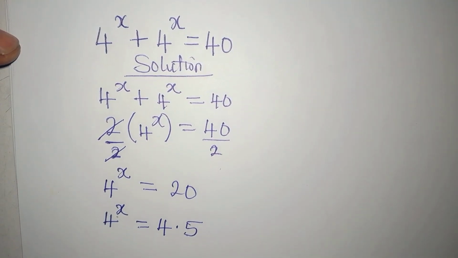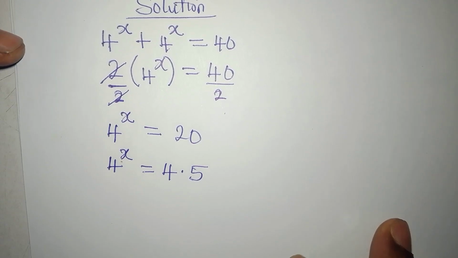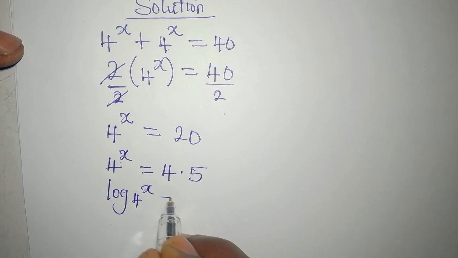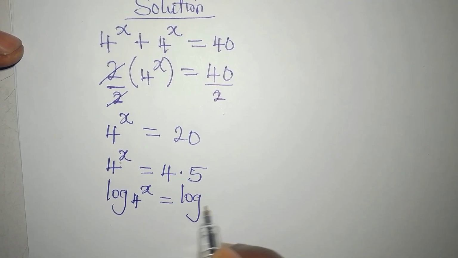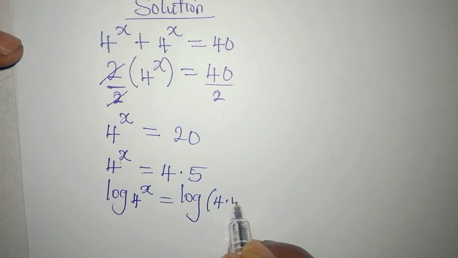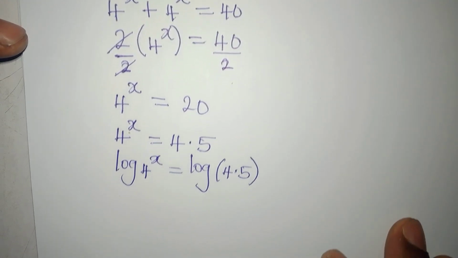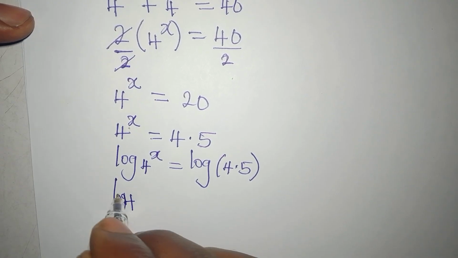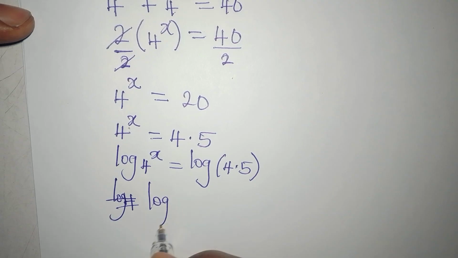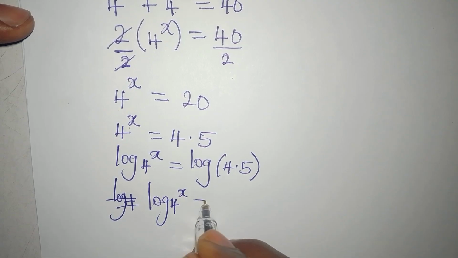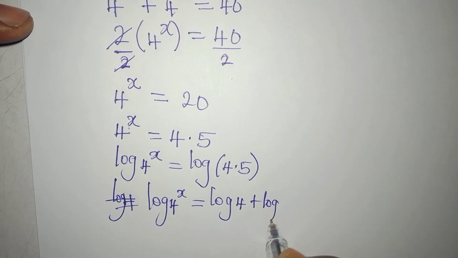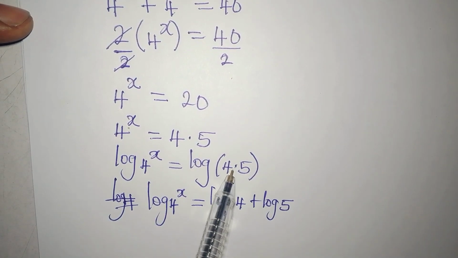And then from here, we are to take the log of both sides. So log 4 to the power of x will be equal to the log of 4 times 5. Log 4 to the power of x is equal to the log of 4 plus the log of 5, because we are multiplying.